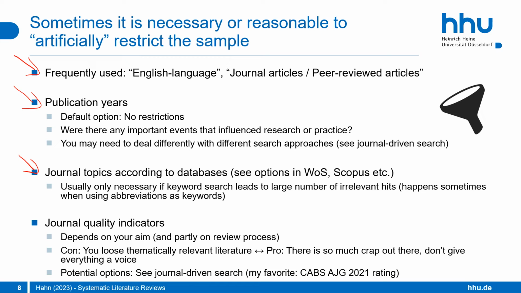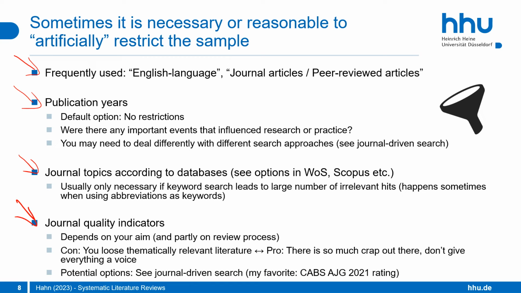As an example, that actually does happen quite a lot if you use abbreviations as keywords, because an abbreviation that you use in your field for a specific term might be used entirely differently in another field of research, so that if you use an abbreviation as keyword, then you yield hits that are totally irrelevant for you, and by limiting your search in the journal databases to certain journal topics, you could sometimes avoid that. Sometimes it's not necessary.